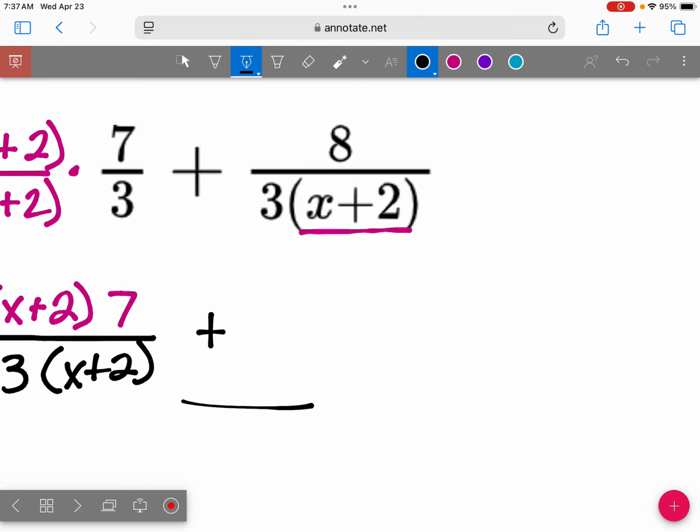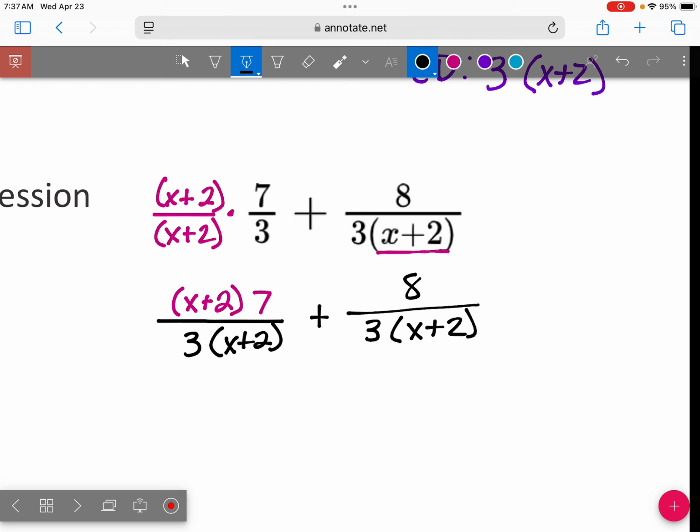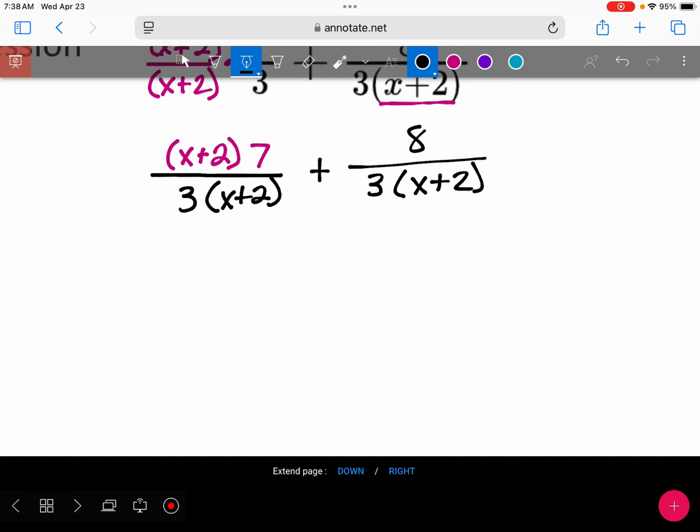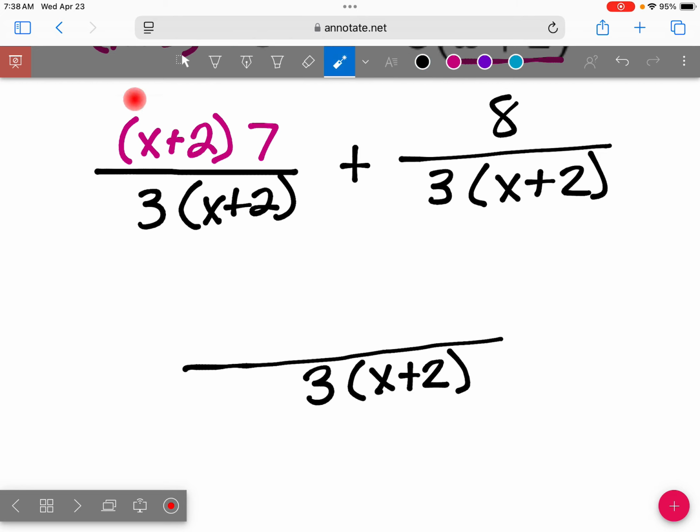This side already has it. Now they have that exact same denominator. That's what we were hoping to get there. So I can combine these together. What else are we going to need to do to be able to add these pieces together? What do I need to do with my pink chunk over here? My x plus 2 times 7.